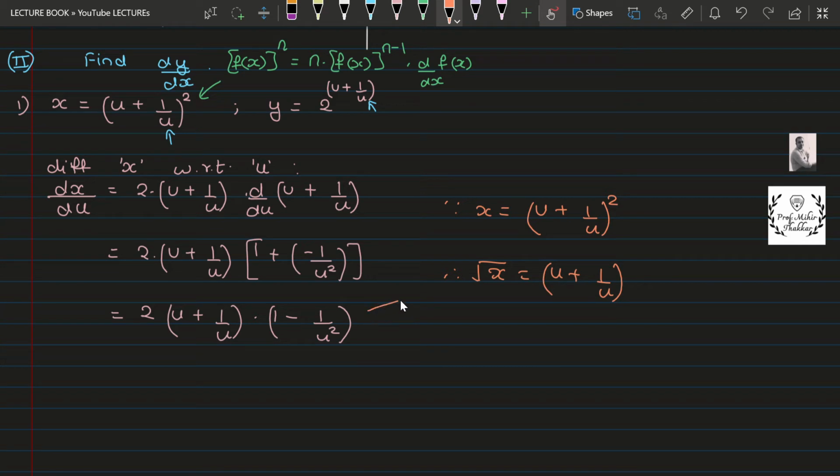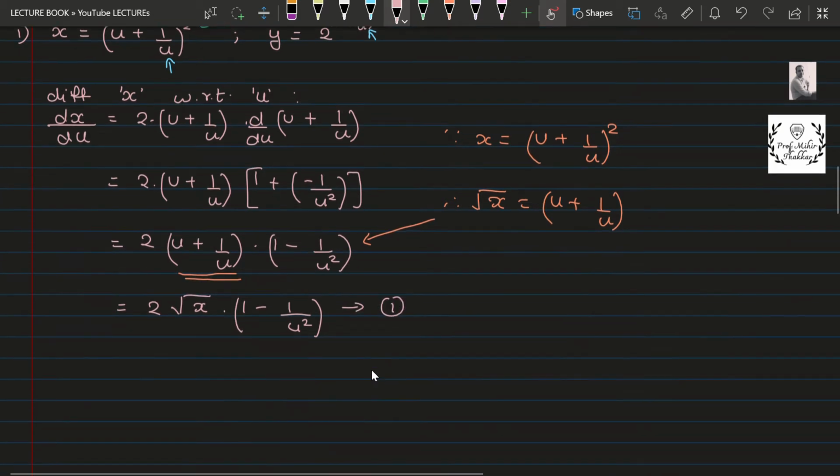So this has to be substituted over here in this term. So you will get this is equal to 2 root x, and we leave this 1 minus 1 by u square as it is for now, and this becomes your equation 1.